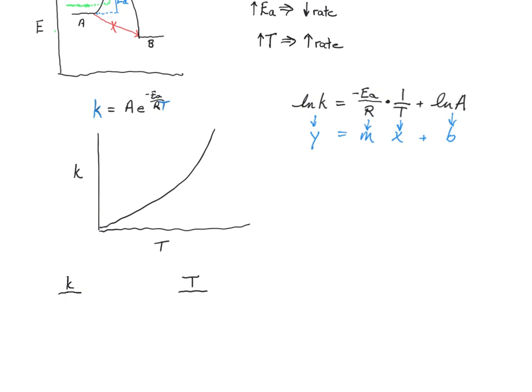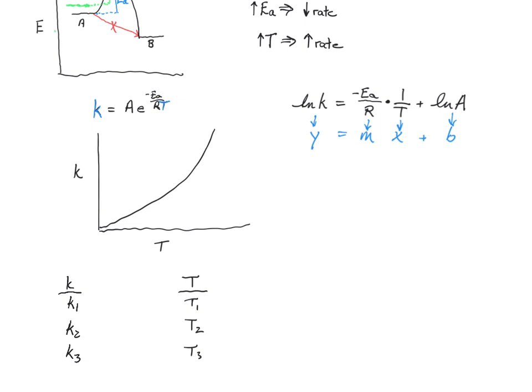So we have some temperature 1, 2, and 3. And what you would have done in the laboratory is you would have carried out this particular reaction at 3 different temperatures, and you would have measured the rate constant for each one of those. So we'd have these 3 rate constants corresponding to the 3 temperatures.